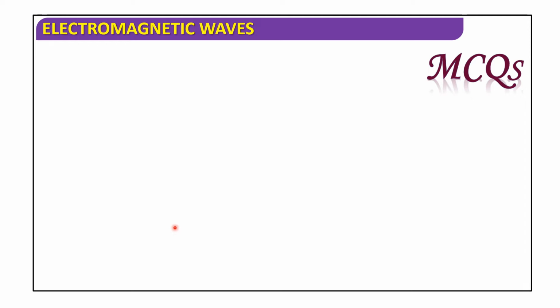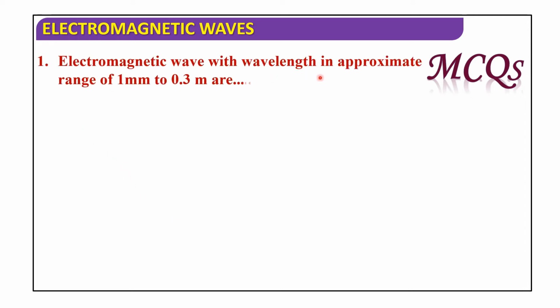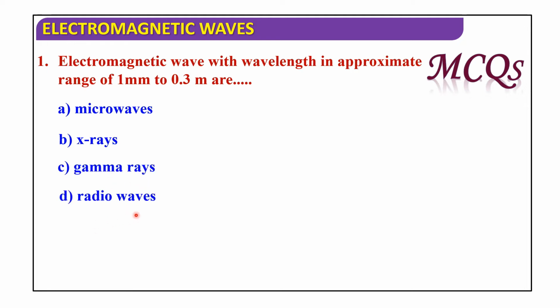Now discuss MCQs. First one: electromagnetic waves with wavelength in the approximate range of 1 millimeter to 0.3 meter are microwaves, X-rays, gamma rays, or radio waves. So, electromagnetic waves with wavelength in the approximate range of 1 millimeter to 0.3 meter are microwaves.